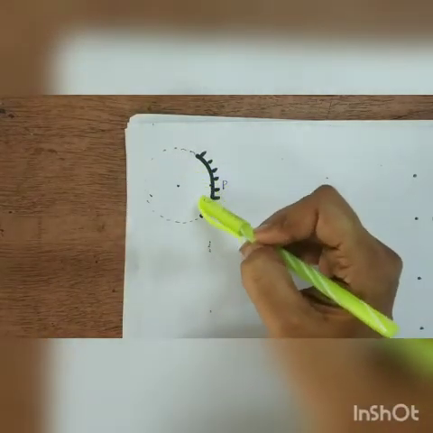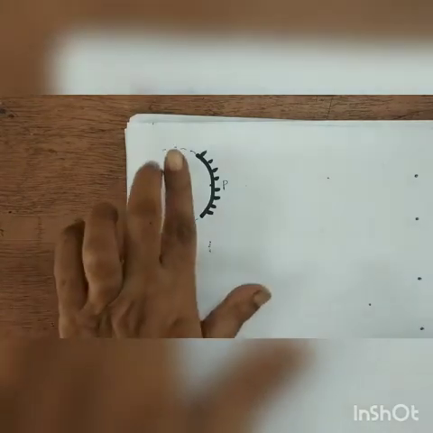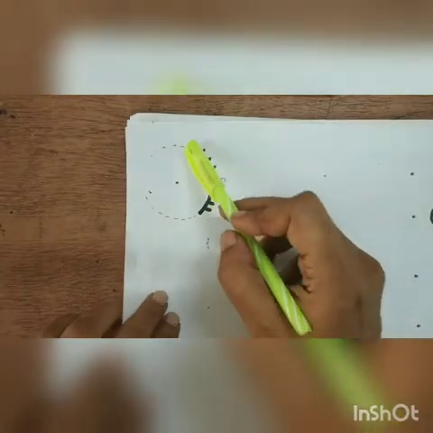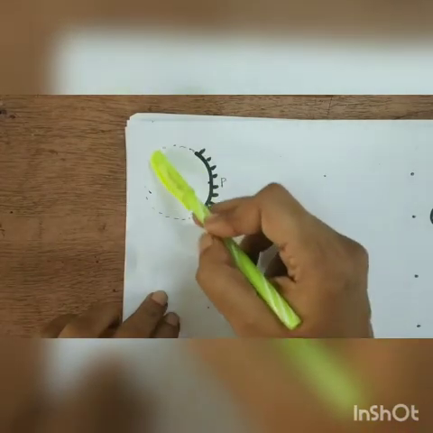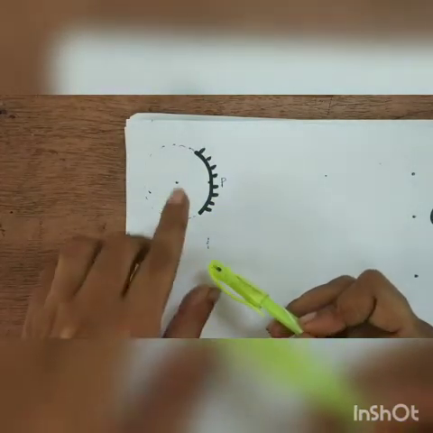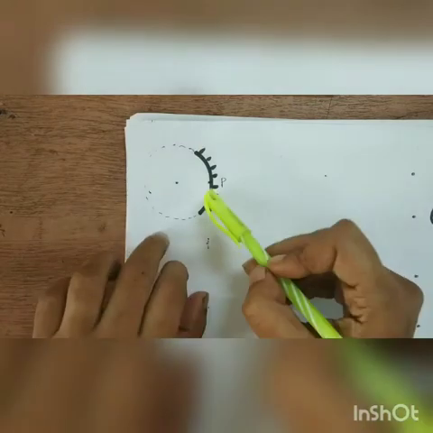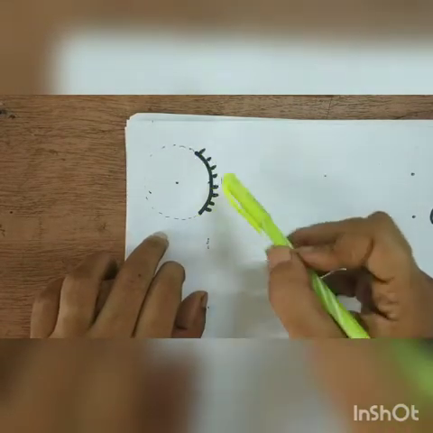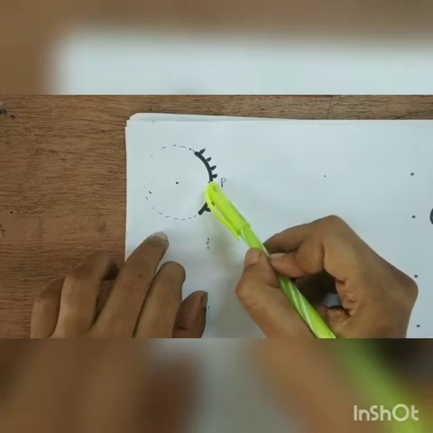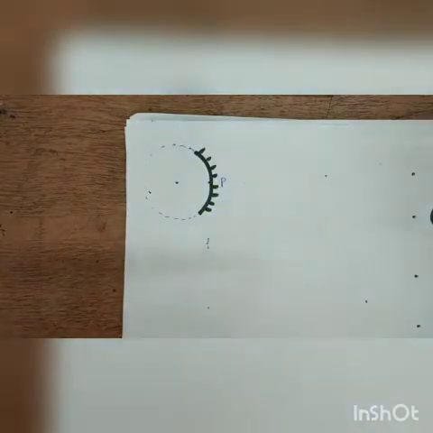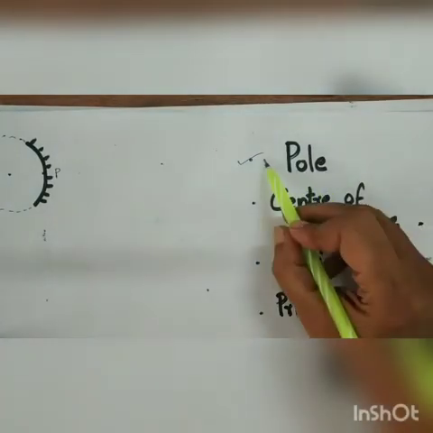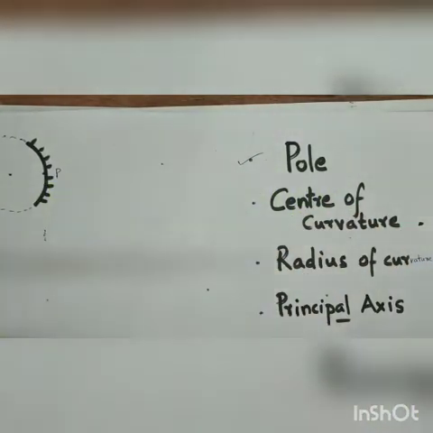If this side is the reflecting side, it becomes convex mirror. Okay. So, let me tell you what is the pole of a spherical mirror. Pole of a spherical mirror is the actual geometric center of this spherical mirror. The geometric center of the sphere is called the pole. So, pole is the geometric center of this spherical mirror.